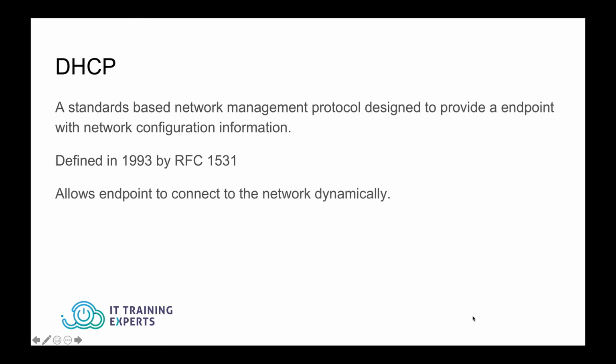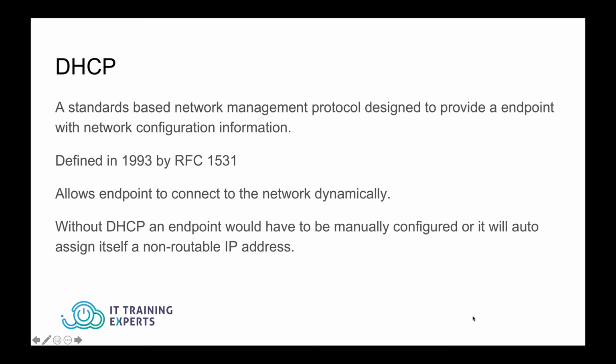The reasoning we have DHCP was to allow an endpoint to connect to the network dynamically, but the big key there is dynamically. Without DHCP, an endpoint would have to be manually configured, or it would have to auto-assign itself a non-routable IP address. So really it comes down to addressing a couple of issues. Without DHCP, you're having to manually and statically configure endpoints as they're added to the network.